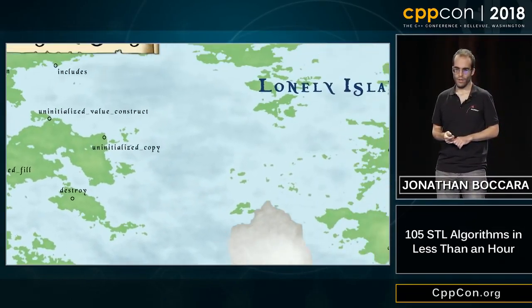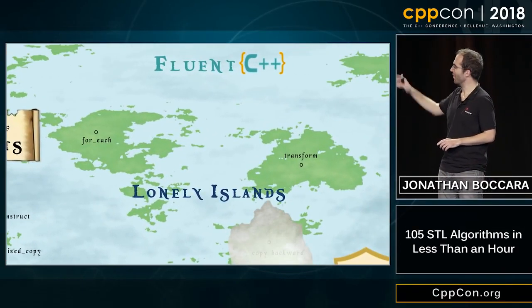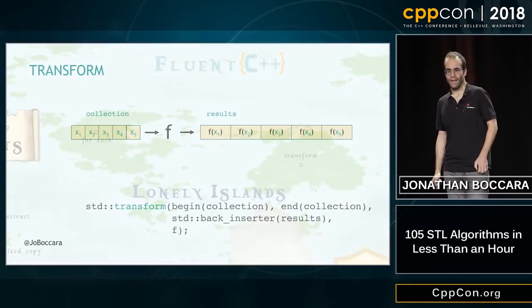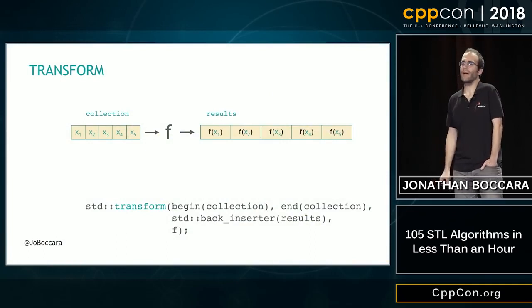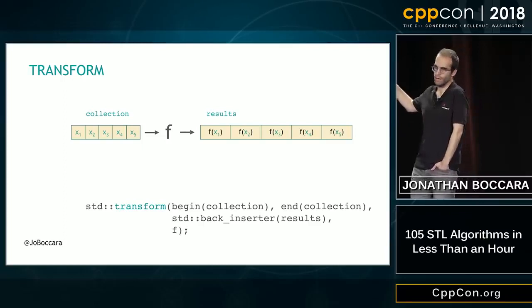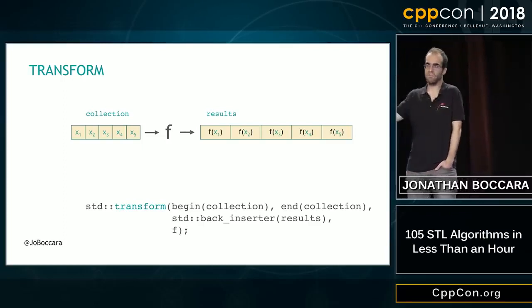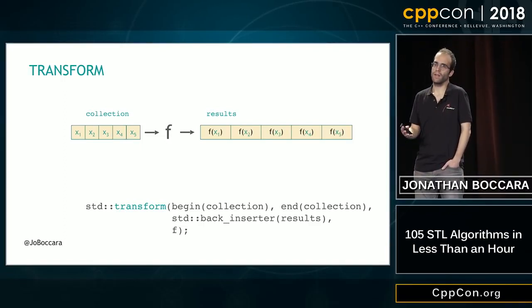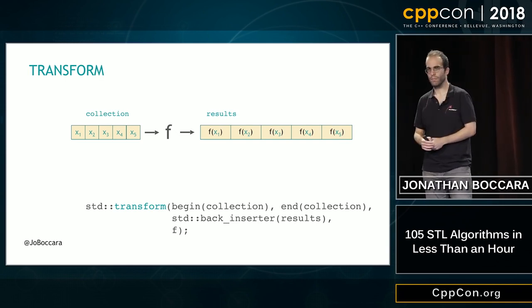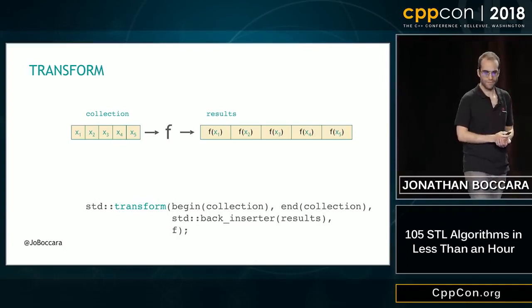And we're going to go to that part we started the talk with, the Lonely Islands, with for_each and transform. Let's start with transform. There's nothing wrong with for_each or transform. The reason why I put them on Lonely Islands is because I couldn't see in what family they would belong. I think they sort of stand separate, even though it's not a problem in itself.